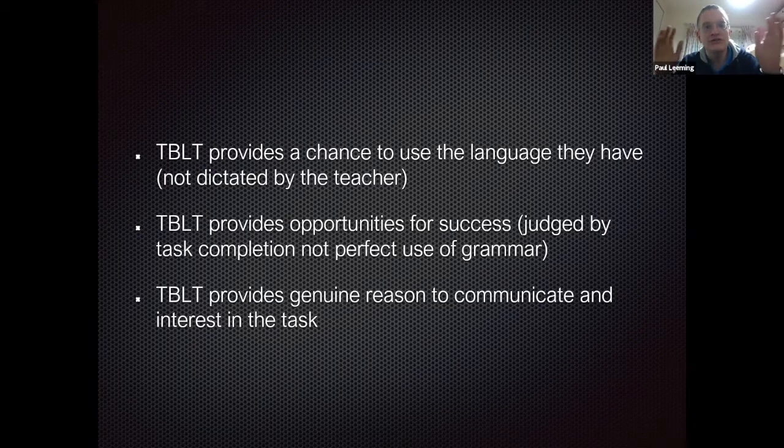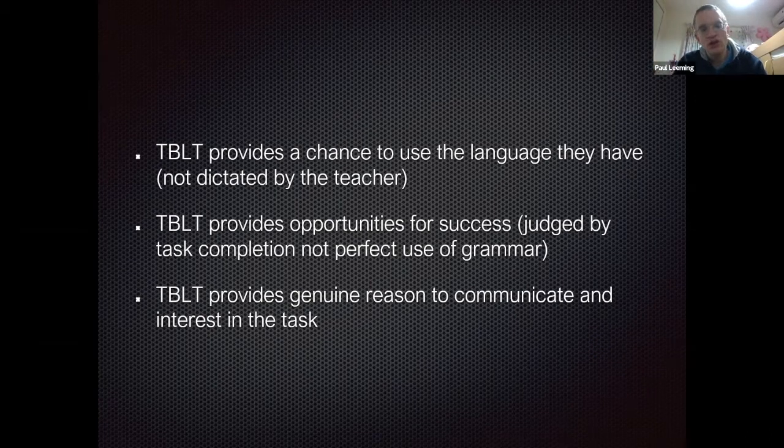TBLT doesn't do that. There's no language provided. Therefore, the student goes, wait a minute, the teacher asked me to talk about my favorite restaurant, and I could. Whoa, wow, I actually could do that. I knew some of the words to describe food and okay. So they're given that chance to use that language, and they're given an opportunity for success.